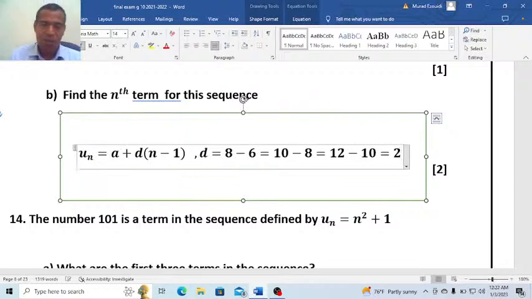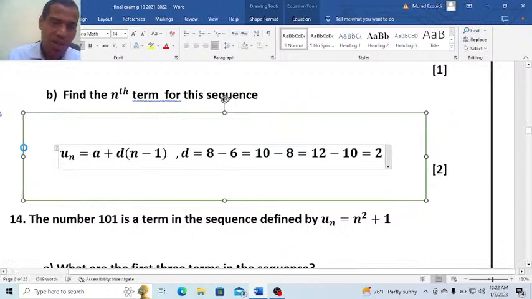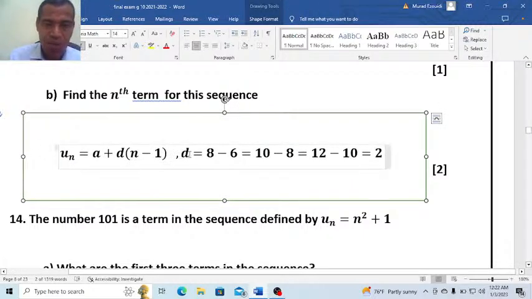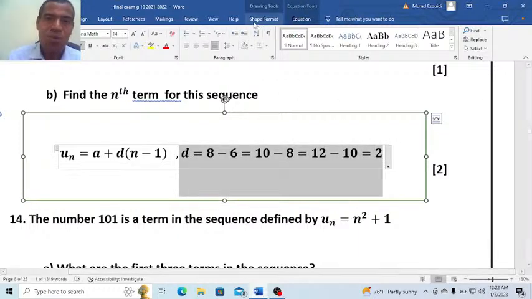If you subtract two consecutive terms and you get two or three different values of d, it means your sequence is not an arithmetic sequence.